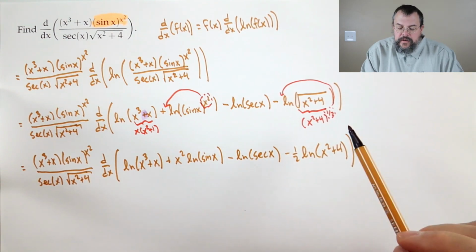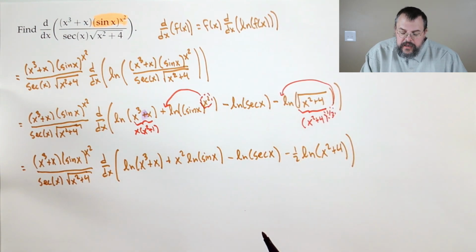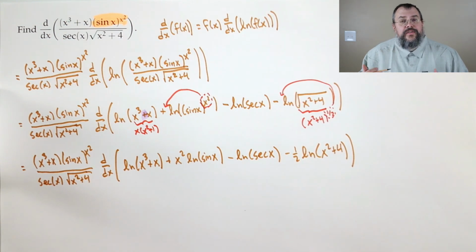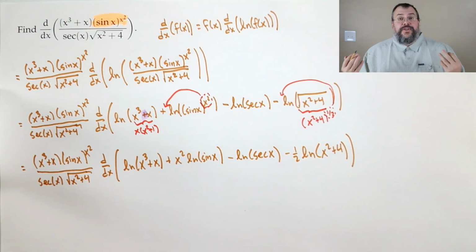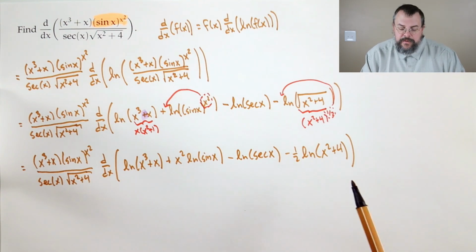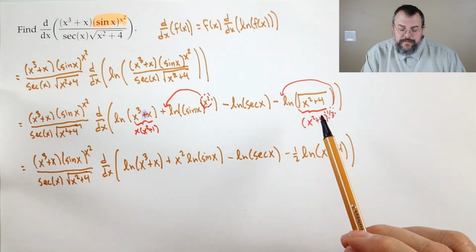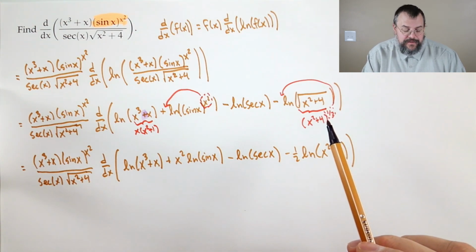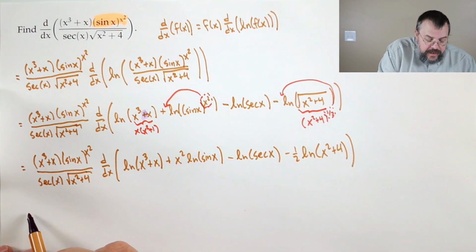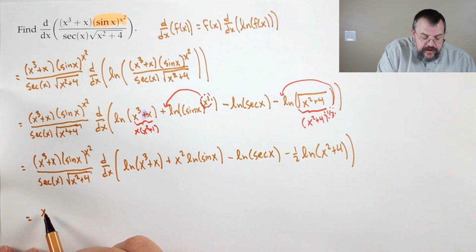Now you might wonder, do I really have to bring this half down? And the answer is no. But if you can bring exponents down, you should, because it will become a lot simpler. Taking the derivative of x squared plus 4 is a lot simpler than taking the derivative of square root of x squared plus 4. So we're now ready to write down our answer.